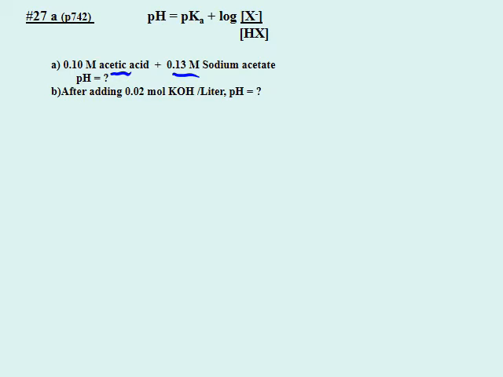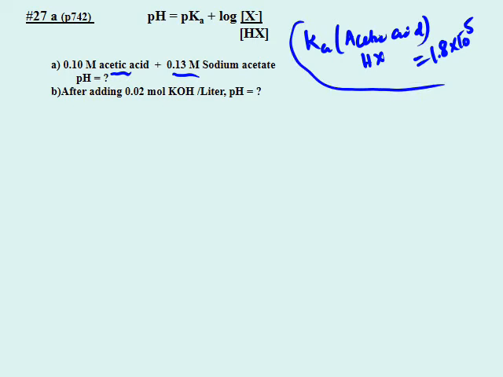Again, by looking at Appendix D, we find out that Ka for acetic acid, and we are writing down the acid as HX, so HX is 1.8 times 10 to the negative 5. 1.8 times 10 to the negative 5 is from Appendix D, page 1062. So you need this value, Ka, in order to calculate pKa.